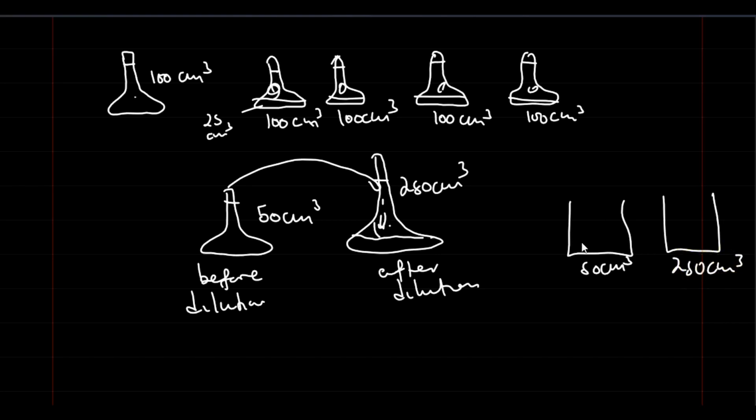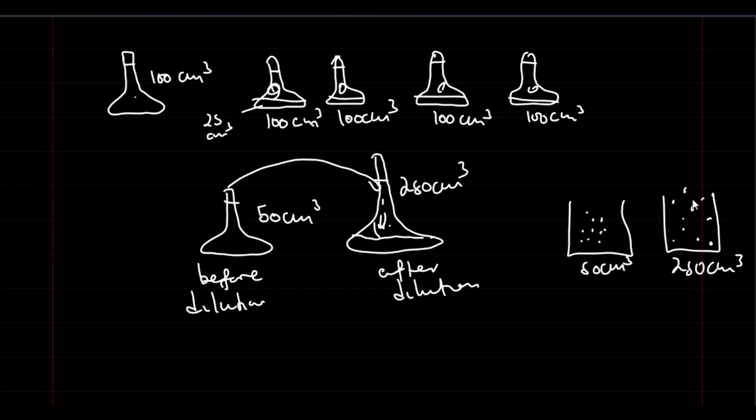If I had 10 moles, 1 2 3 4 5 6 7 8 9 10, in the concentrated one, they will be closer to each other. In the larger one, they will still be 10, but far away from each other. 1 2 3 4 5 6 7 8 9 10. So concentrated means that they are close to each other at each and every point inside the solution.